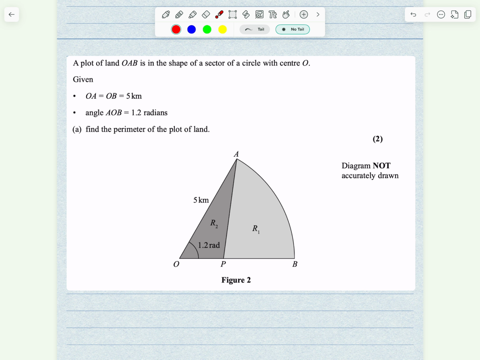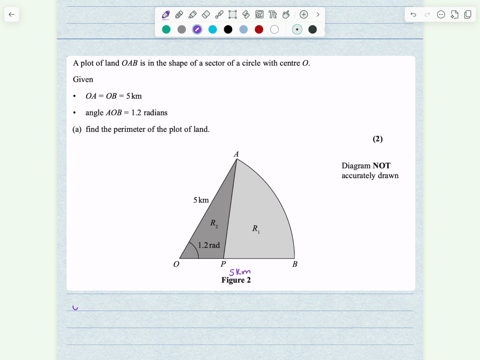Okay, so the perimeter of the shape of this sector is OA plus AB plus OB, and we already know that OB is the same as OA, which is 5 kilometers as well. All we are missing is the length of the arc AB.